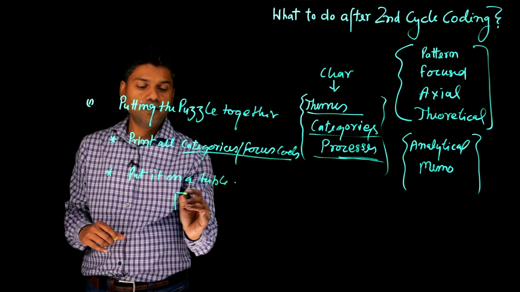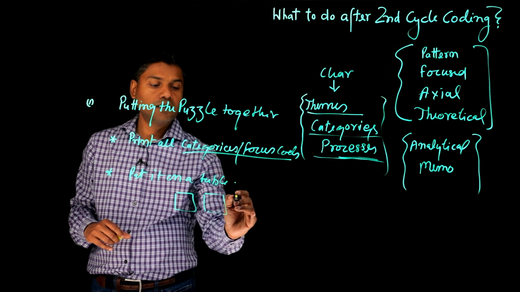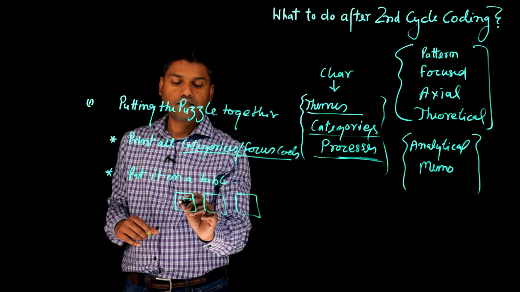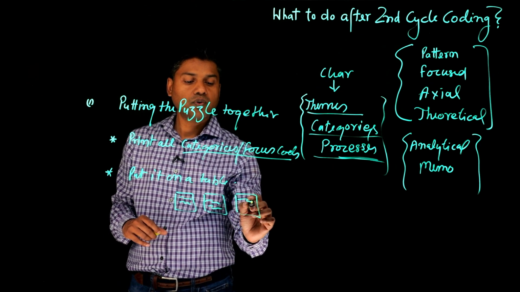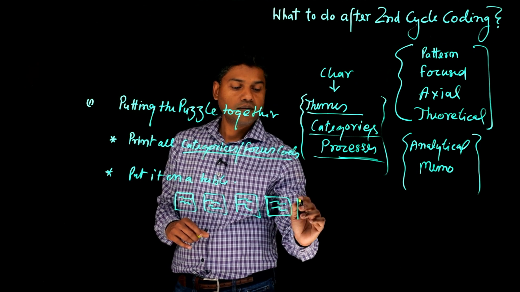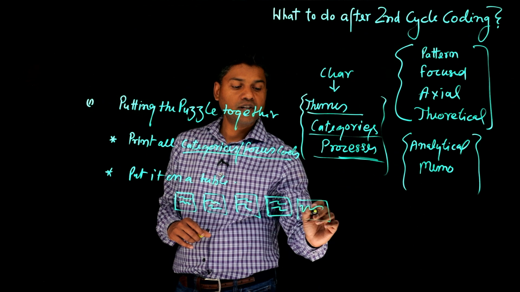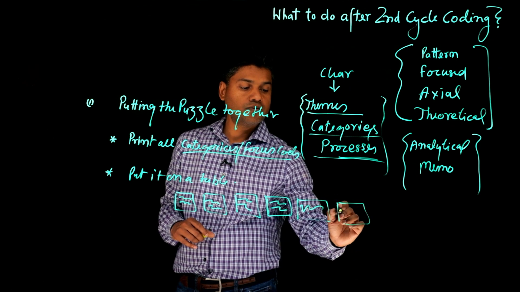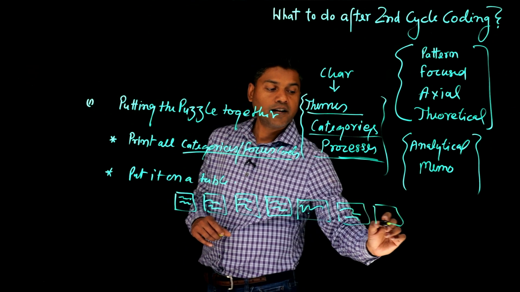So let's say these are your codes, and on each slip of paper you have written your categories, your focused codes, and I do not number it.